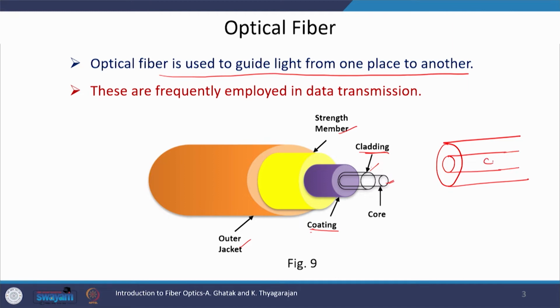The center portion is called the core and the outer portion is called the cladding. The refractive index of the core is larger than that of the cladding. Say N1 is the refractive index of the core and N2 is the refractive index of the cladding, then N1 is larger than N2. This is a basic introduction to an optical fiber.